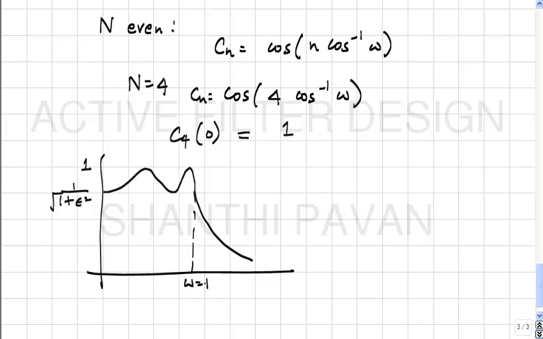Is that clear? Whereas an odd order filter will do 1, 2, 3. Pardon my drawing. So this is 5, this is 4.